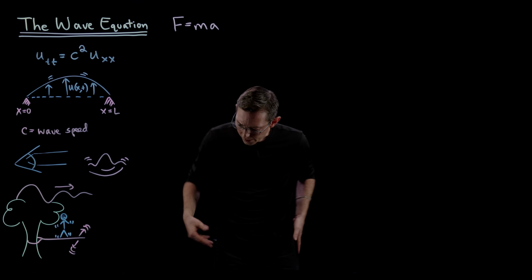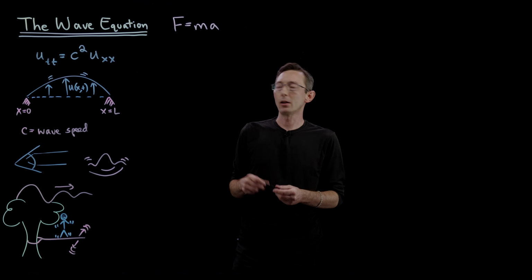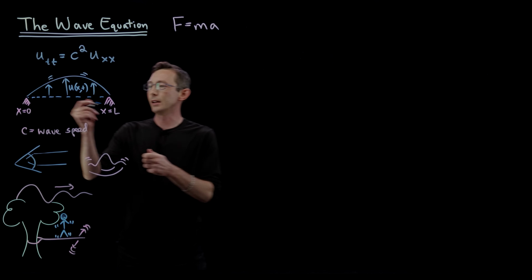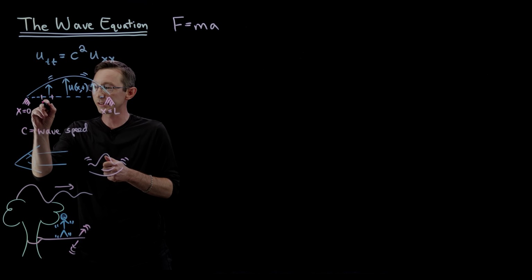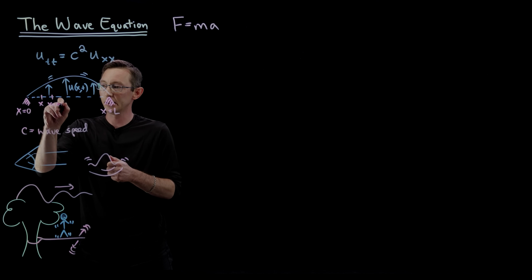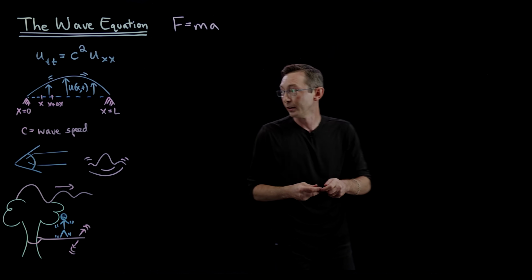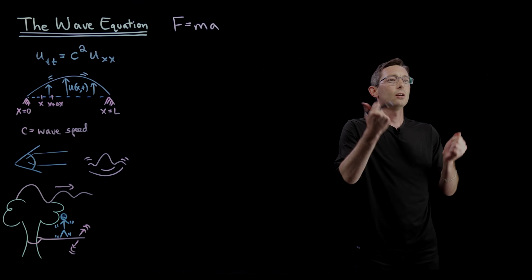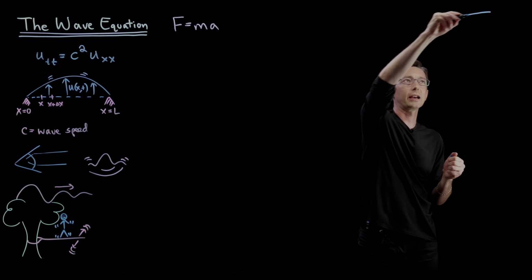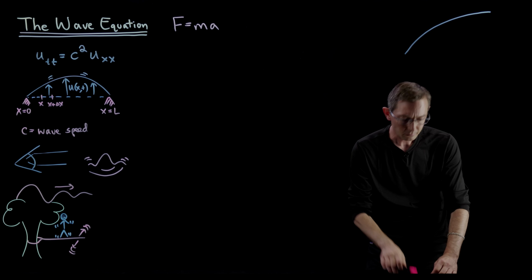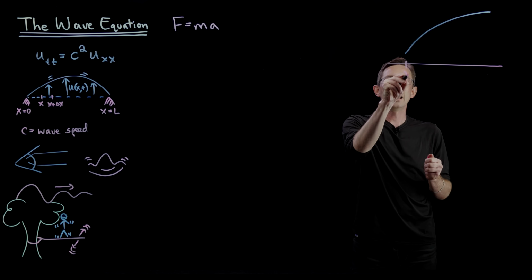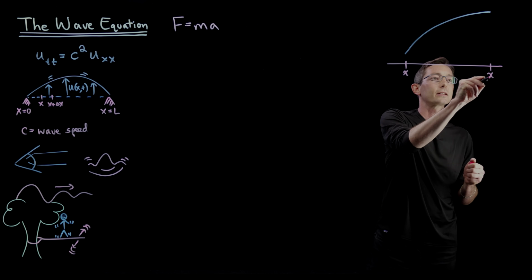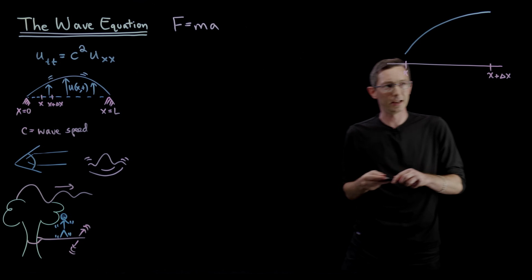Good. So F equals ma, and what we're going to do is zoom in on a little teeny tiny section. We're going to look at a little section from x to x plus delta x. So I'm just going to draw a little picture over here where we have some section of this, from x to x plus delta x.